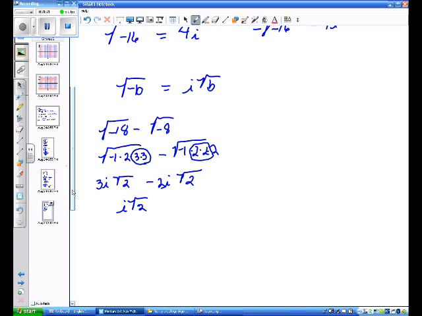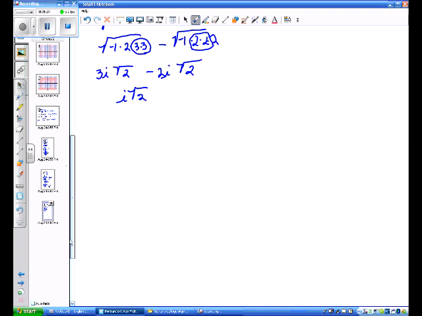If we took the numbers, we want the square root of negative 27 plus the square root of negative 48. We have our 27.